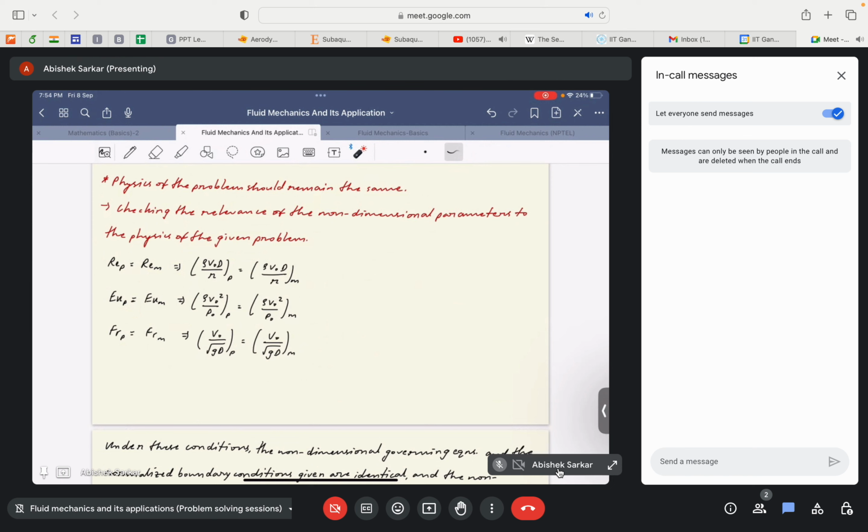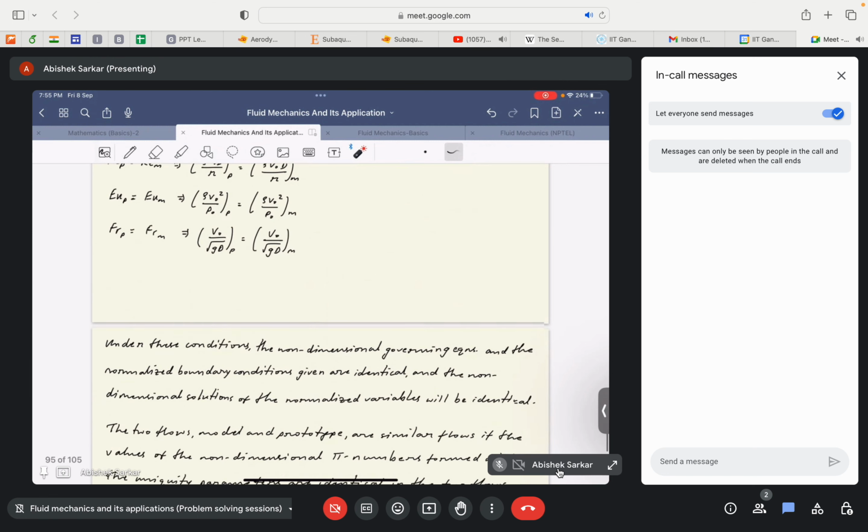So they improved upon the theory and eventually arrived at the Buckingham pi theorem, which gives us a very elegant way to arrive at the non-dimensional numbers that need to be matched in the case of prototype and model, so that we can say that the flow physics is similar in the case of the prototype and the model. Okay, so I hope I was clear. That's why this matching is done here.